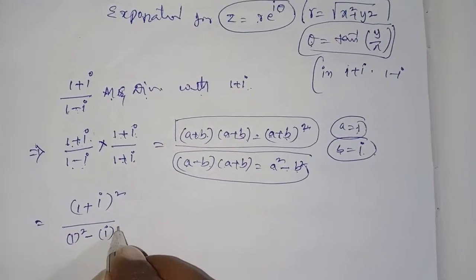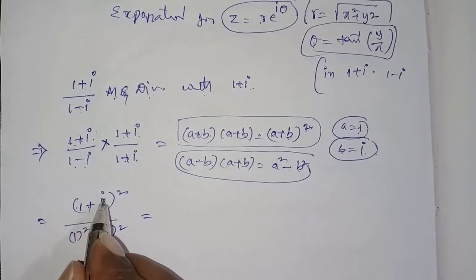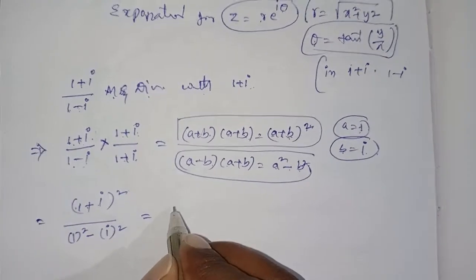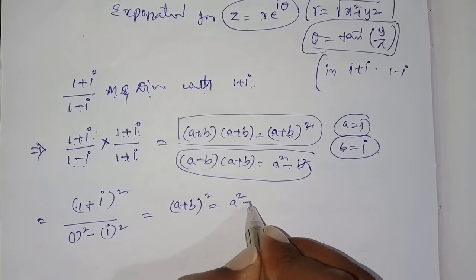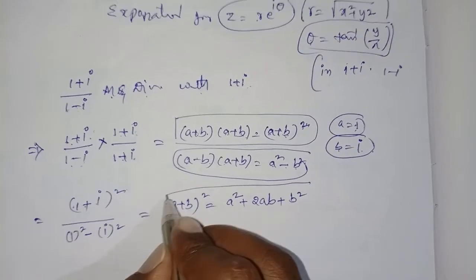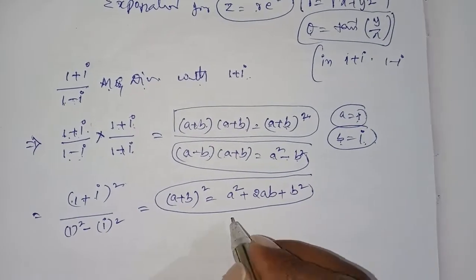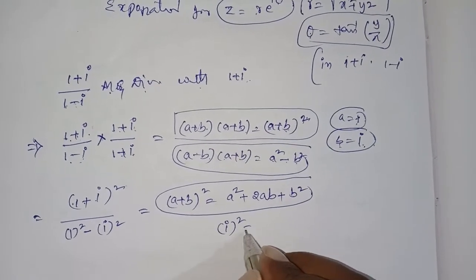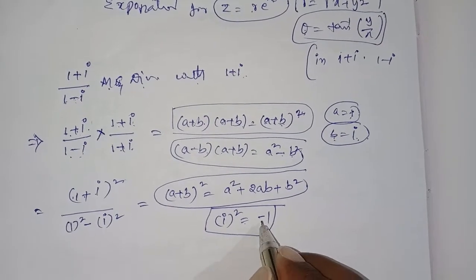This is the (a + b)² formula, so (a + b)² is equal to a² + 2ab + b². Same, a is equal to 1, b is equal to i. At the same time, we know that i² is equal to -1.